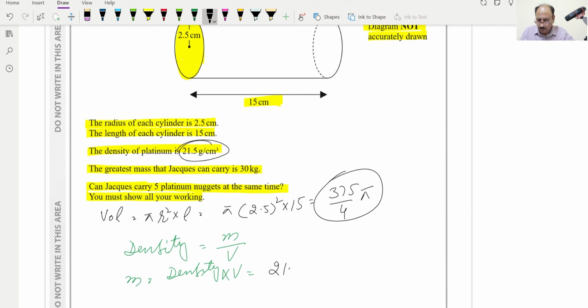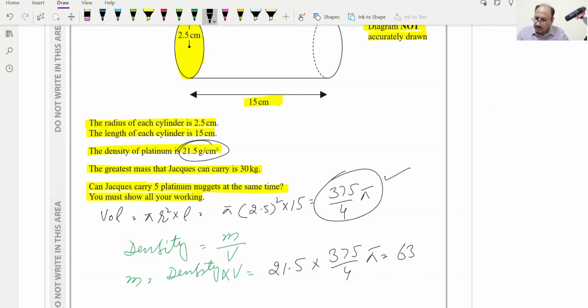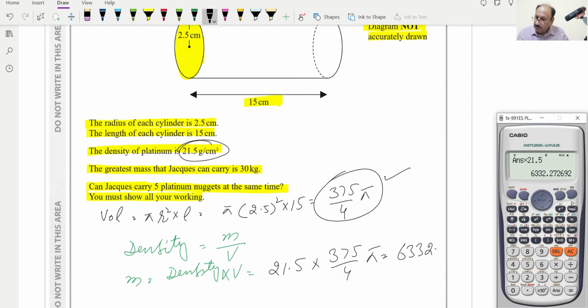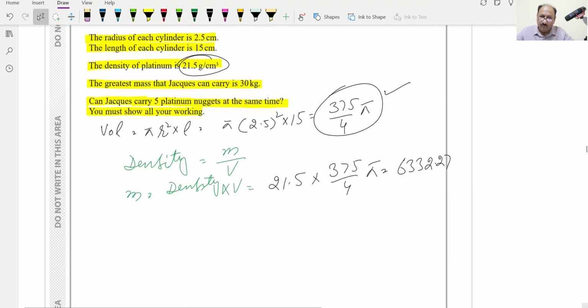So 21.5 will be multiplied by this volume, which is 375 over 4 pi, and this is equal to, we can take in decimal values, 6332.27. So this is the mass of one nugget, and now we can find for 5.